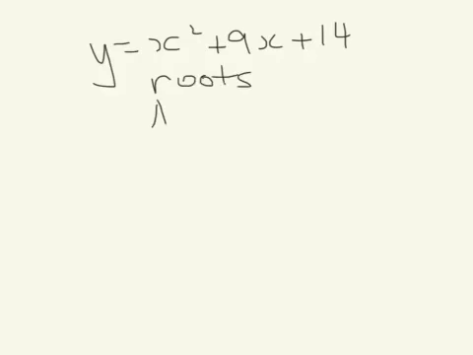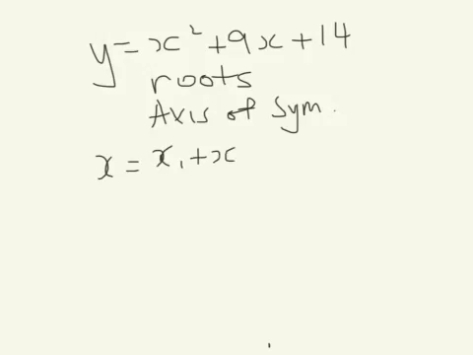Then we find the axis of symmetry. And you can do this in two ways. We can do it as x is equal to x1 plus x2 all over 2, or we can do it as x is equal to negative b over 2a.